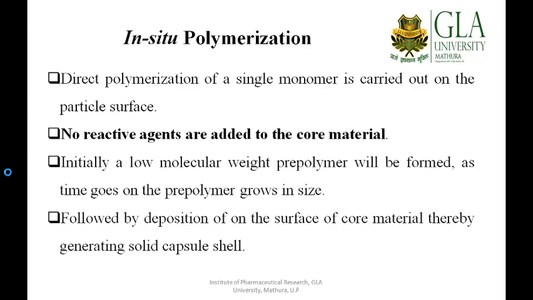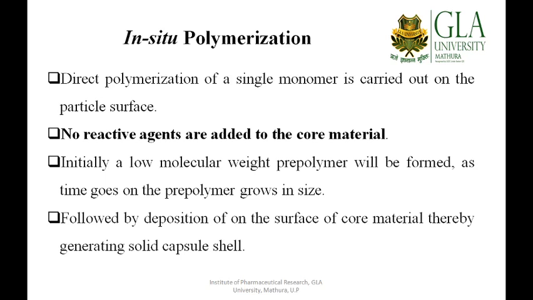As the polymerization technique is there and we are using the in situ process, in this technique the direct polymerization of a single monomer is carried out on the particle surface. This is a very important aspect of in situ polymerization. Another very important aspect is that no reactive agent is actually added to the core material.